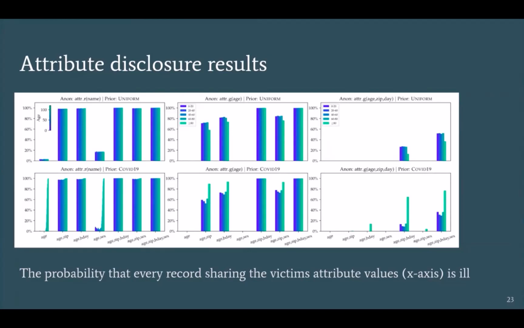Ages from 0 to 79 are at higher risk in the uniform prior than in the COVID prior. Though for age groups above 80, the opposite holds. Again, the uniform prior underestimates the risk in these age groups.